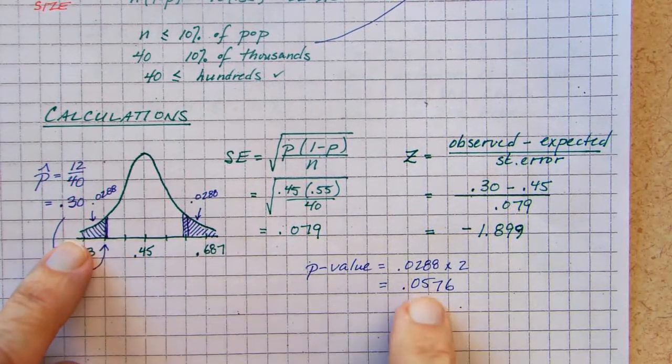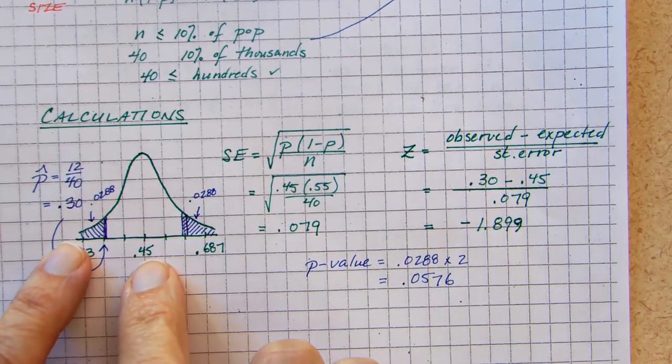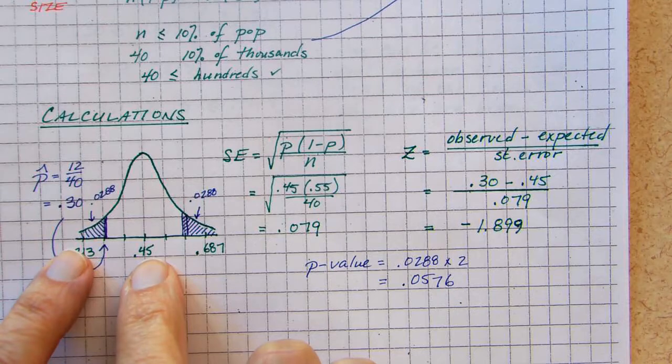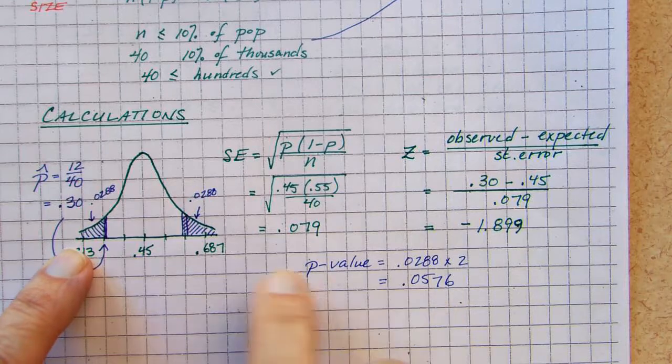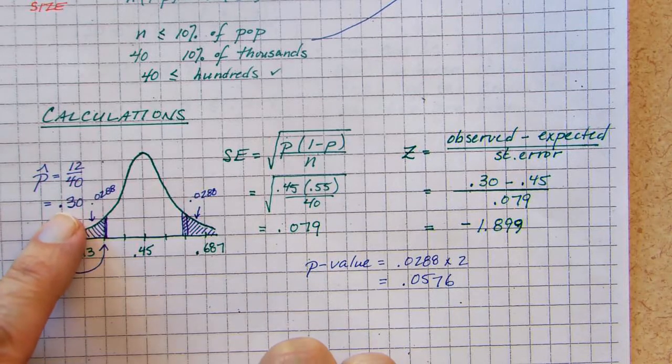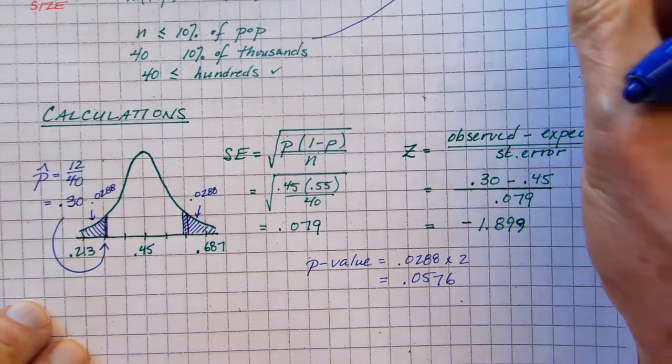So there's about a 5.76% chance that we're going to get a sample like 30%, or something even more extreme than 30%. And that's called the p-value.